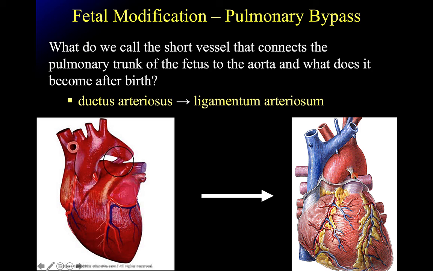We see that as this little white structure here that is basically tying that pulmonary trunk to the aorta. So ligamentum, because this has become a ligament. Arteriosum, it was formerly an artery. And what sometimes happens with vessels, not just here, but ones associated with the umbilical cord as well, is that once they are no longer used as vessels, they basically convert part of themselves into a fibrous connective tissue.